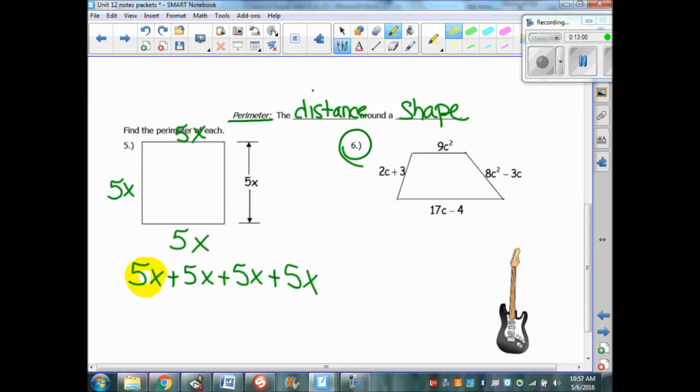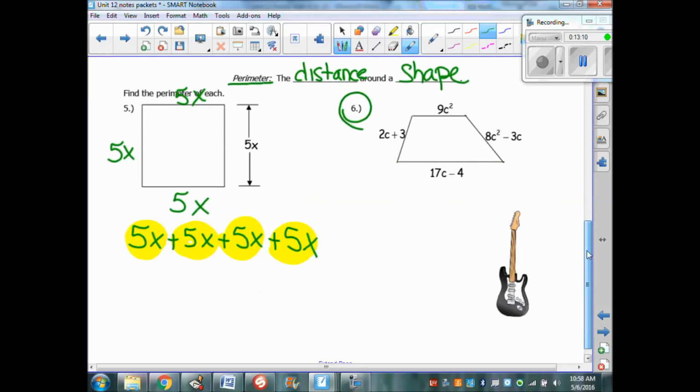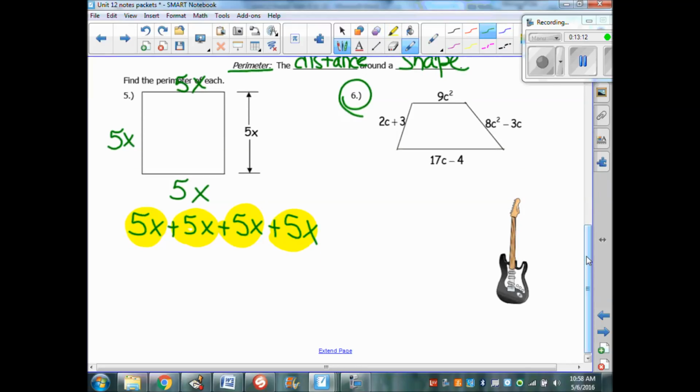I've got an x with another x, with a third x, and with a fourth x. Those are all like terms. So then you're just going to take those numbers that are in front. What's 5 plus 5 plus 5 plus 5? That's going to give me 20 x's. So that's the perimeter of that square: 20x. You're going to do number 6.